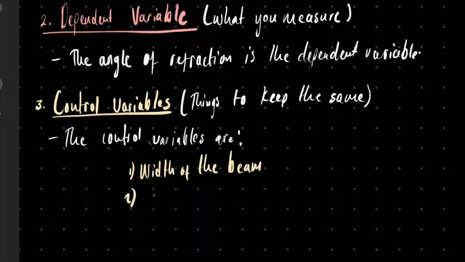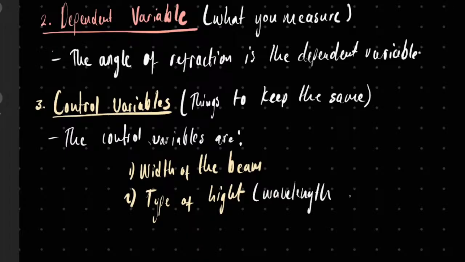And two, the type of light. I said it yesterday, okay? So, in other words, you can say the wavelength and the frequency. If you change the type of light, you are going to change the wavelength of light and frequency of light.